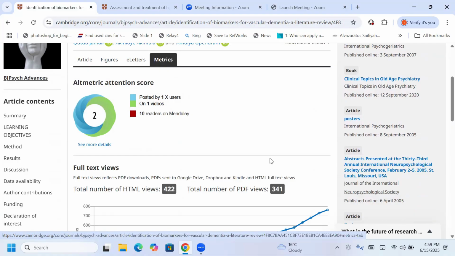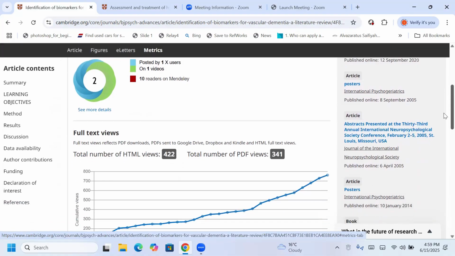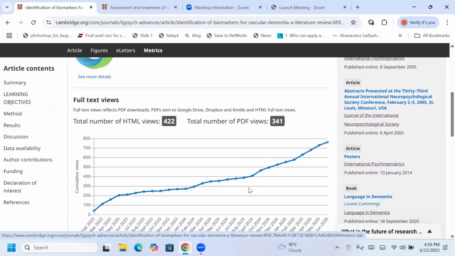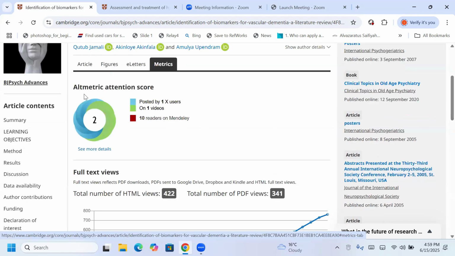So this was published 2 years ago, and as you can see, the graph here keeps on increasing. So that is very reassuring that the views are increasing. The other thing you look at is the altmetric attention score.